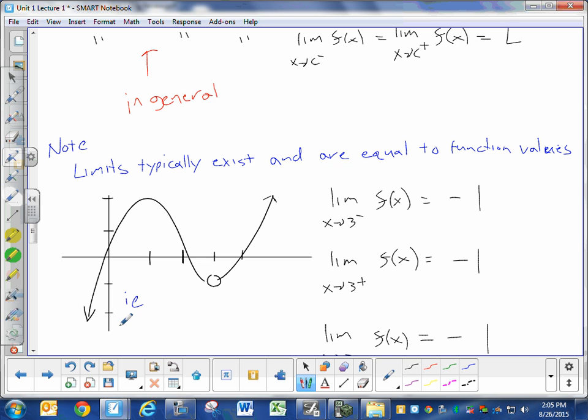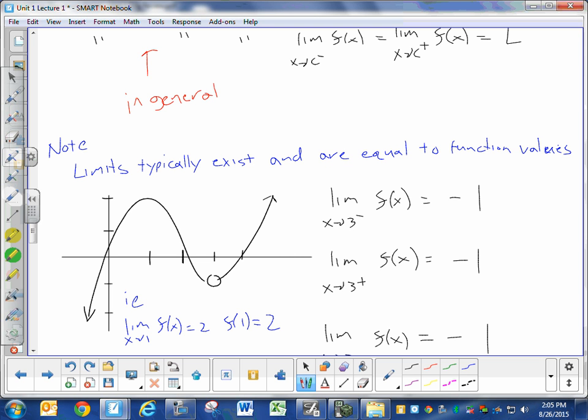I.e., the limit as x approaches 1 in this situation is 2, which is the same as f of 1. Not always, but most times. If you just have a smooth curve, your limits are going to exist. It's going to be equal to the function value.